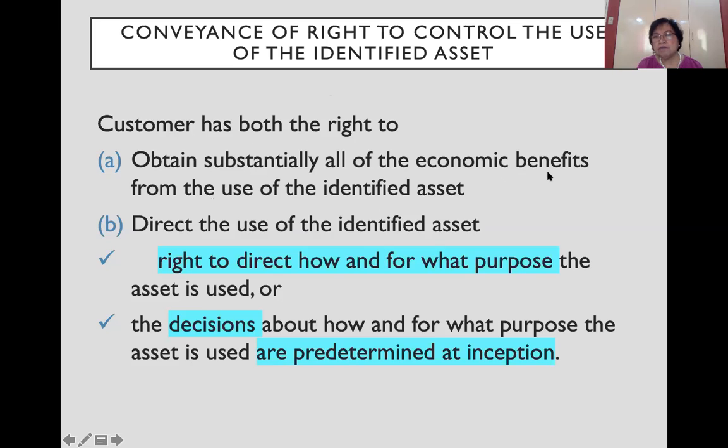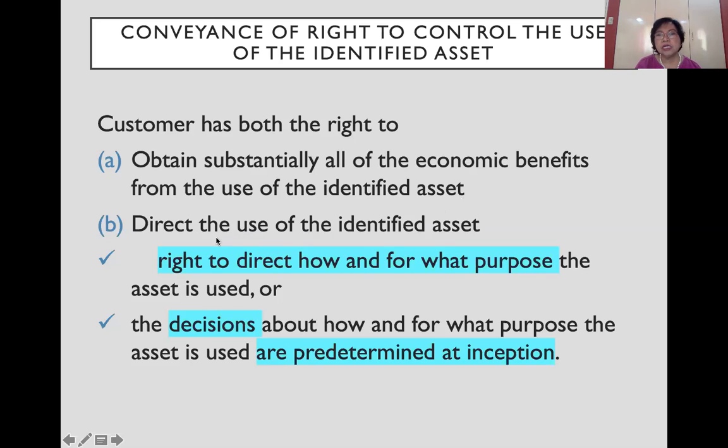These economic benefits obtained by the customer may be in the form of possible inflow or probable inflow of cash because of revenue generated by that identified asset, or it may be probable decrease in operating costs because of the use of the identified asset.